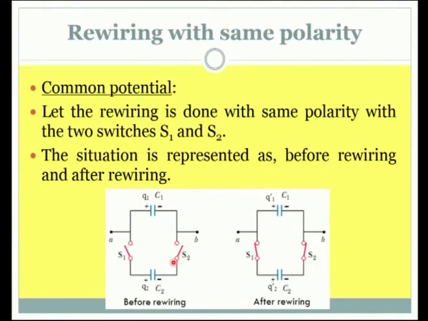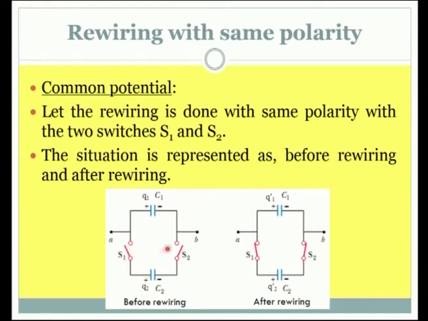In this case we are doing the same polarity. Let the rewiring be done with the same polarity with the two switches S1 and S2. We have two switches to connect them. Here we have the capacitor C1, here we have the capacitor C2. They have separate charges: Q1 is on the first capacitor, Q2 is on the second capacitor.